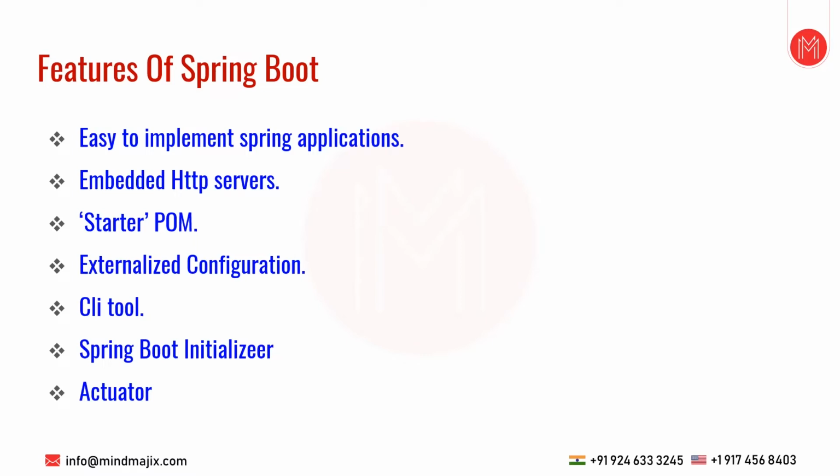The Spring Initializer project can be accessed using one simple link, that is https://start.spring.io. Once you create a project, you just need to download it as a zip file and then open it in any IDE, like Eclipse or IntelliJ. You can then edit the sample project to use with your code.